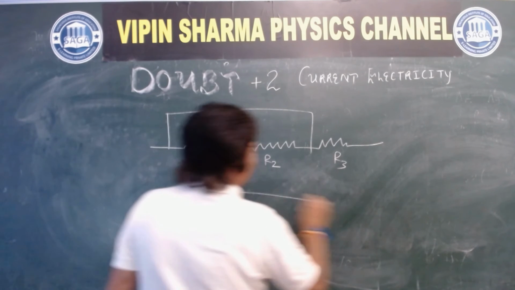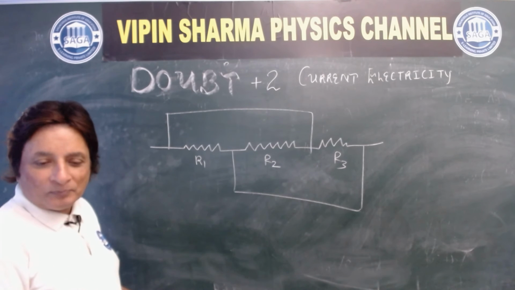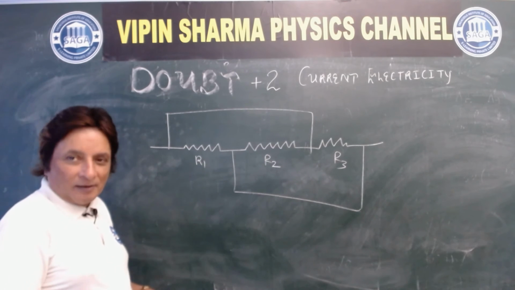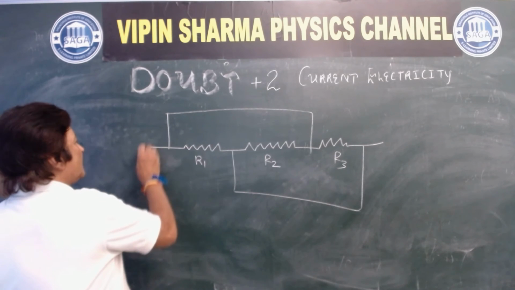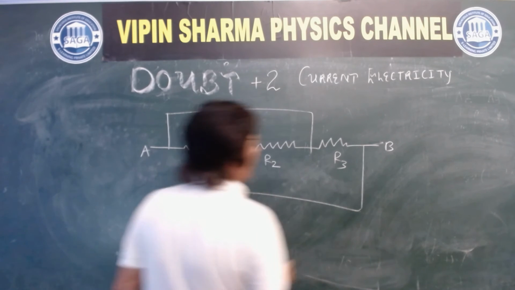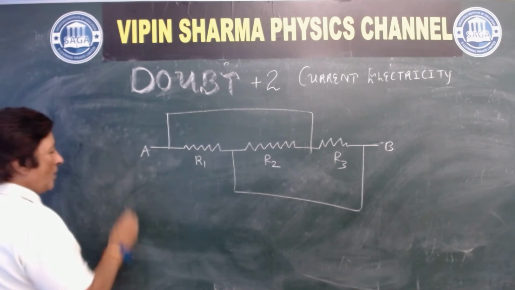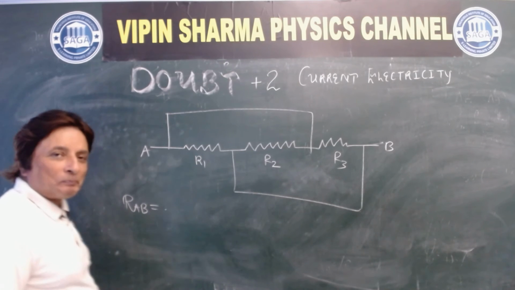It is connected like this, right? This is A, this is B. What is R_AB, the equivalent resistance?